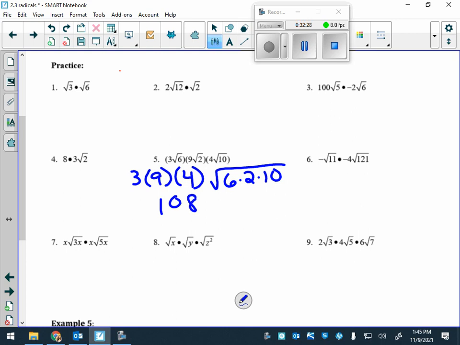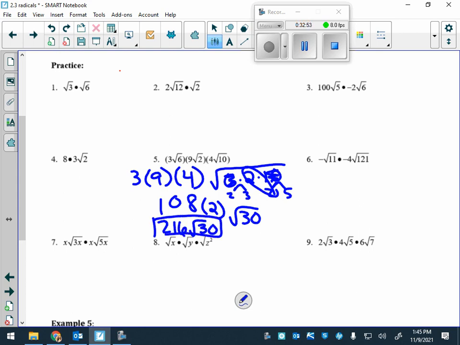Now, we could break down, this is 2 and 3, and 2 and 5. So we're looking for pairs, right? We have a pair of 2s, so a 2 comes out. Whatever we did not circle, 2, 3, and 5, we multiply together, and that's how we get 30, and this was 216. 330.